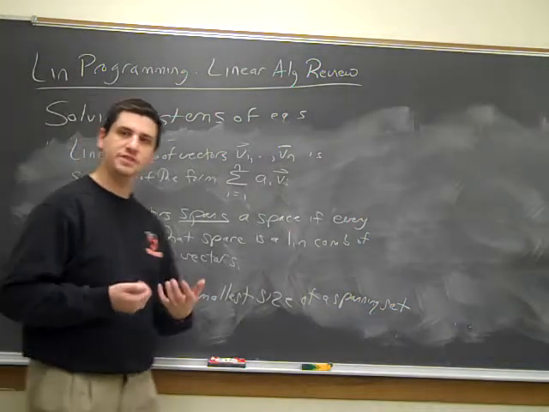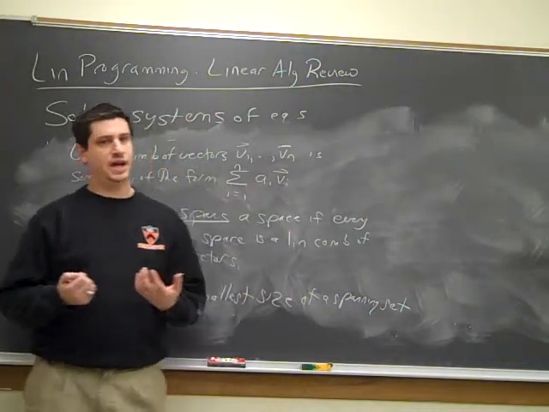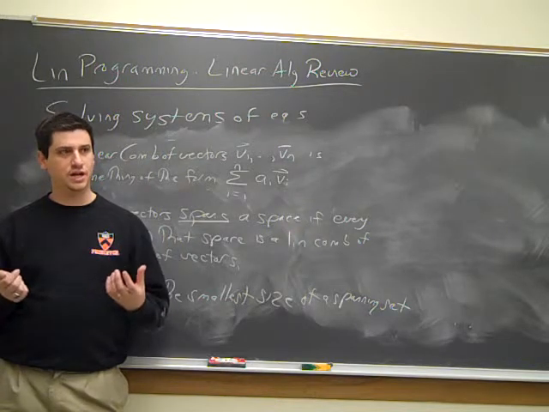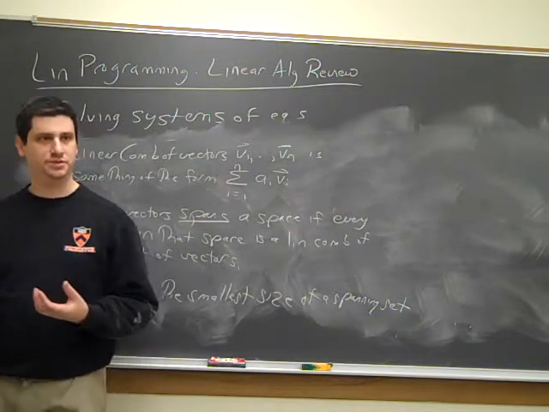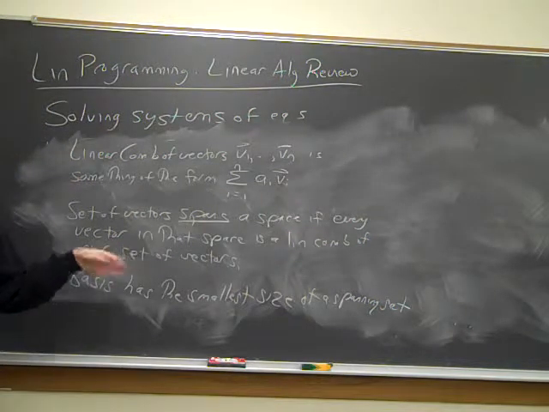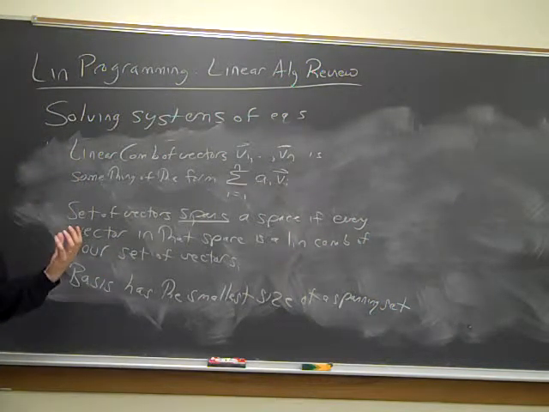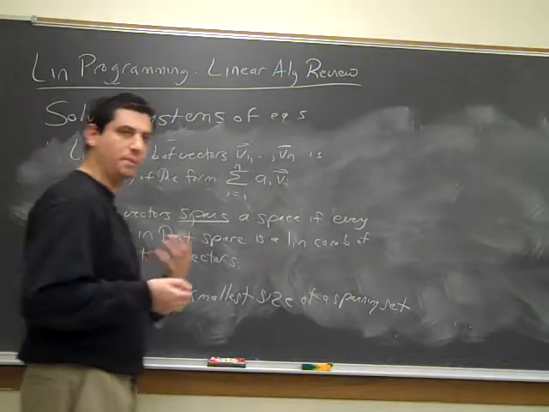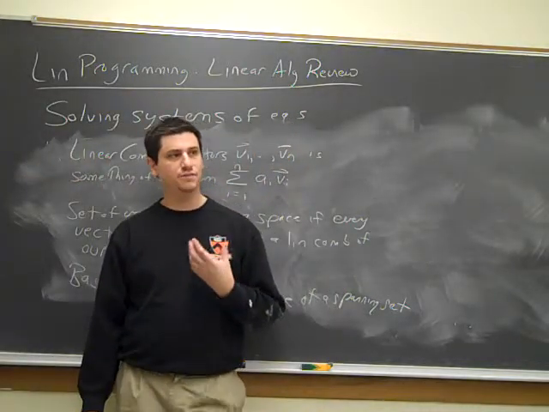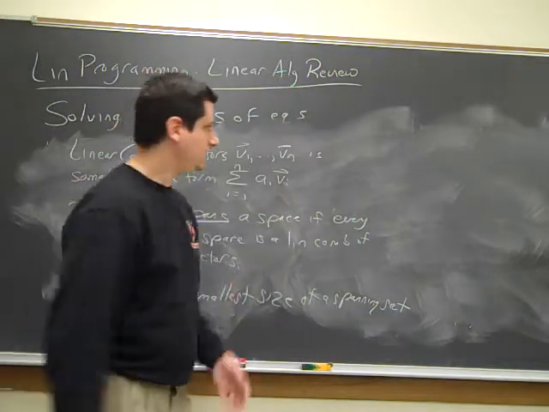You look for a set of vectors that spans it. And then you make sure, is there any set that would work that has fewer elements? If yes, it's not a basis. In some sense, then it has too much information. So a basis is not unique. Depending on the problem you're looking at, different bases are more useful.